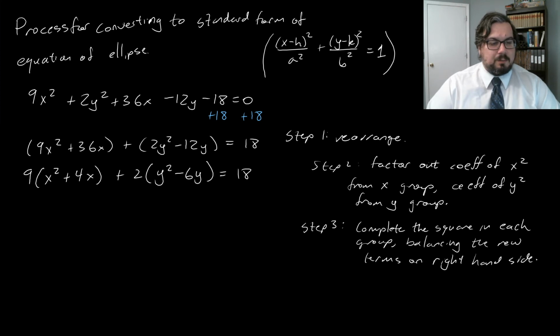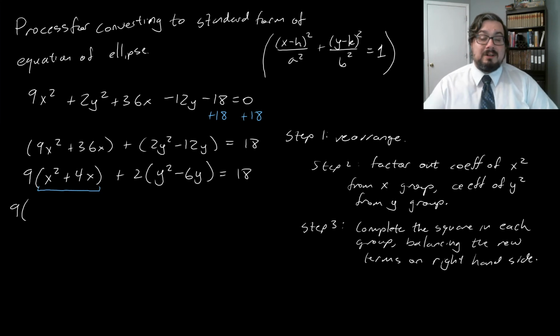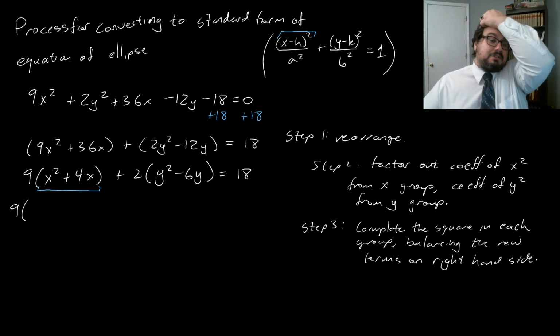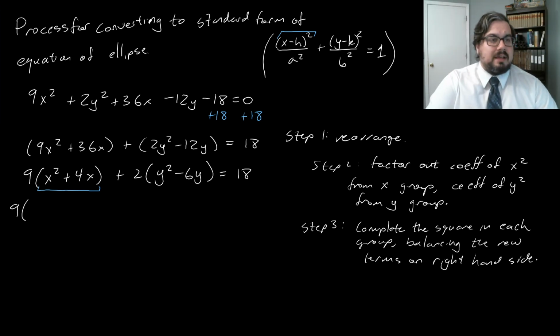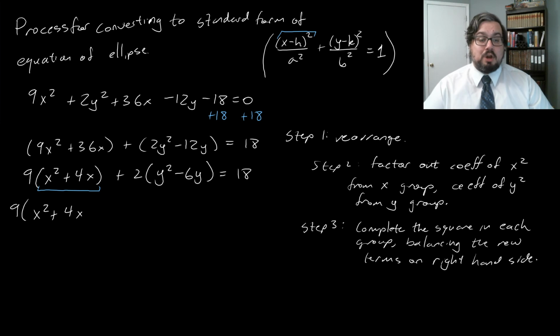So let's see what that looks like. We're going to try to turn this x squared plus 4x term into something that looks like (x minus h) squared. And so we're going to say, all right, well, what do we need to add to x squared plus 4x in order to get it to be a perfect square trinomial?